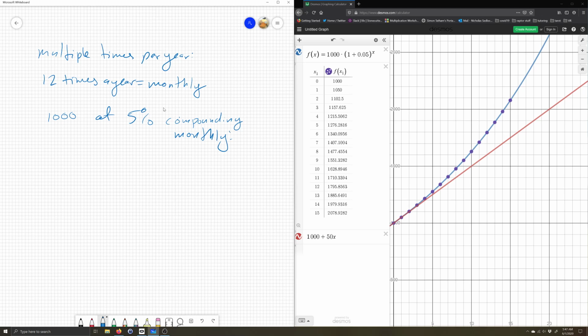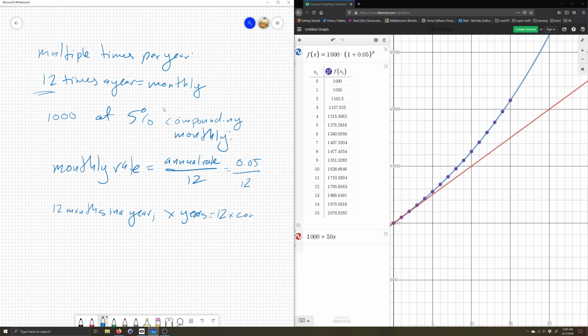So what happens is your monthly interest rate is your annual rate divided by 12, the number of times a year you compound. So that's 0.05 over 12. And so then, since there's 12 months in a year, x years equals 12x compounding periods.